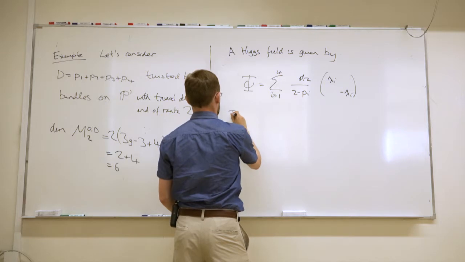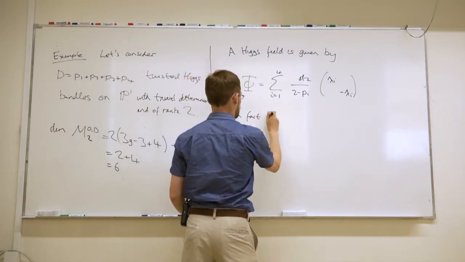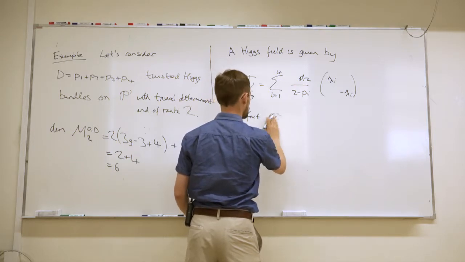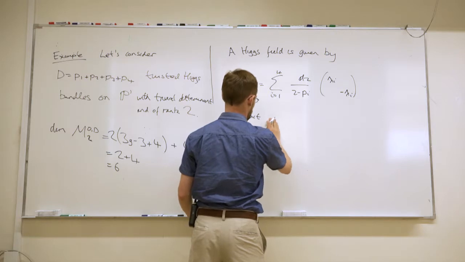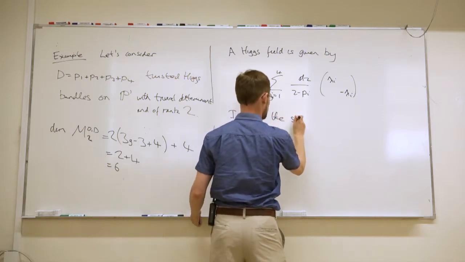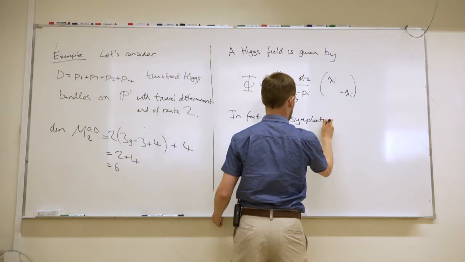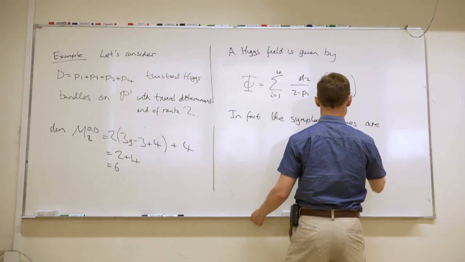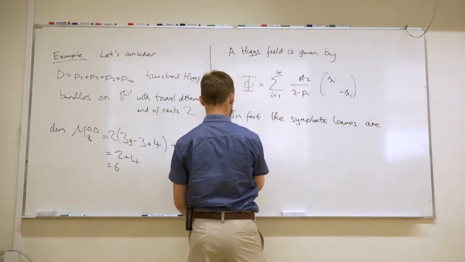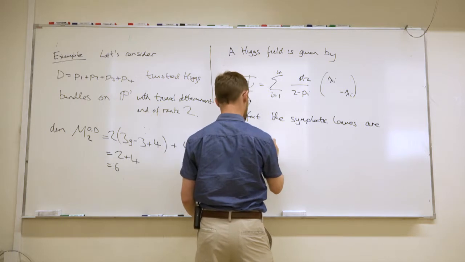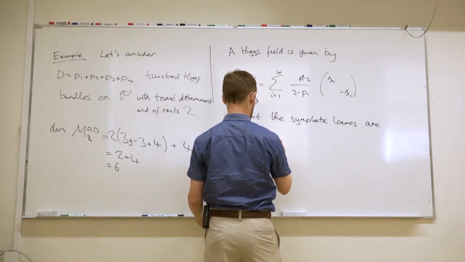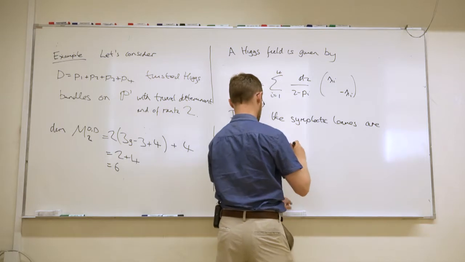And in fact, the symplectic leaves are really products of coadjoint orbits.